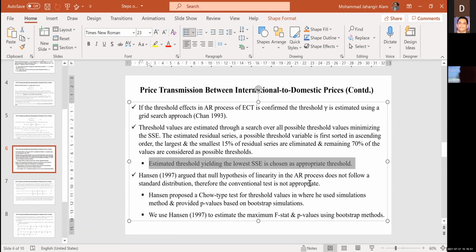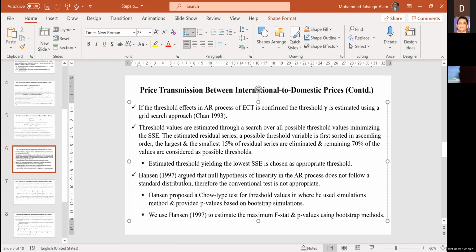Then again, you found the threshold value gamma, but when you estimate it by using the grid search approach, that value in the AR process does not follow a standard distribution. Hansen 1997 argued that the null hypothesis of linearity in the AR process, which we already tested with the MTAR statistics, makes the conventional test inappropriate.